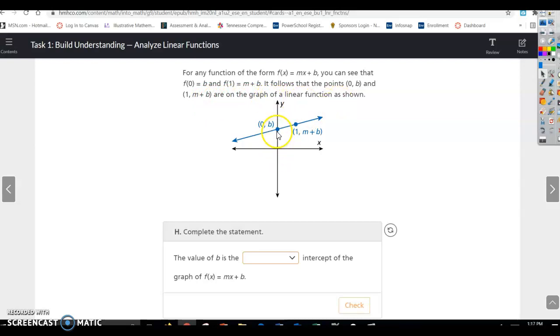So (0, b) is going to be your y-intercept. And then we pick another point, 1, and that's going to be the slope plus the y-intercept. So you start at the y-intercept, you add the slope to get to the next point. All right, so the value of b is the y-intercept of the graph of f of x equals mx plus b.